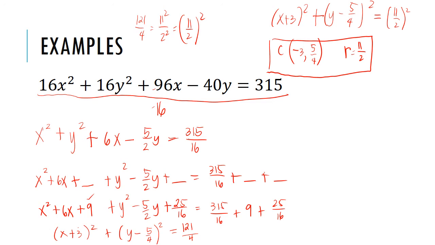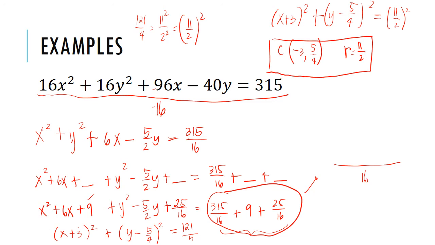Where did you get 121 over 4? Here, if you add 315 over 16 and 9, plus 25 over 16. Okay, here, this part. The least common multiple is 16.